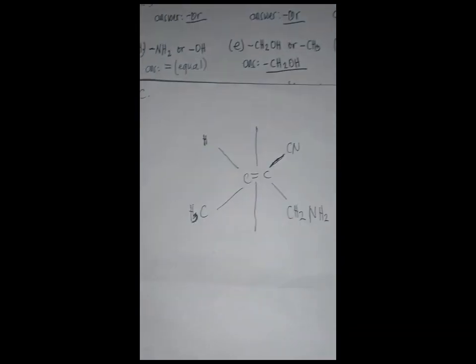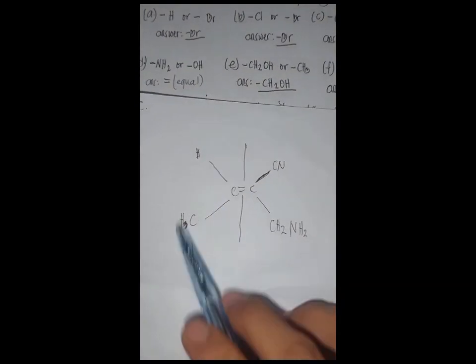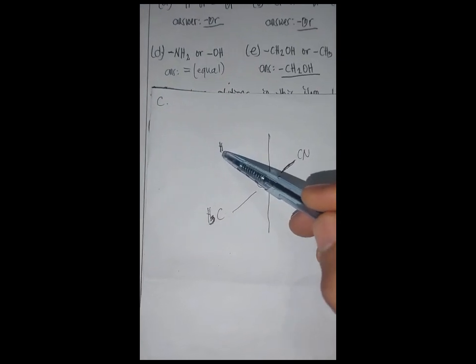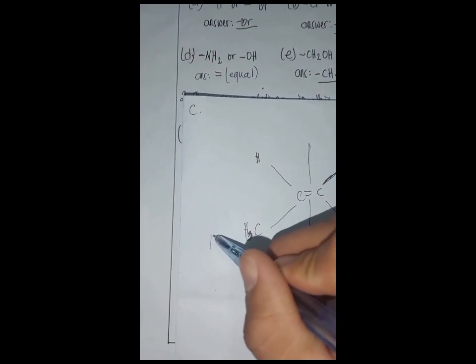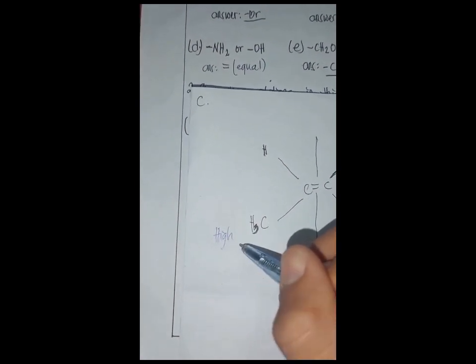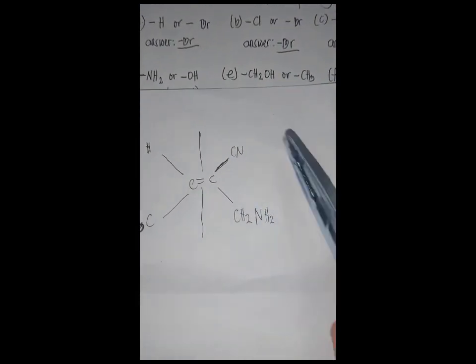So here, hydrogen and H3C and carbon and nitrogen compared to CH2 and H2. So first carbon and hydrogen. So carbon is considered to have a high atomic number. So this is high and here is low. Next, so here CN and CH2 and H2.